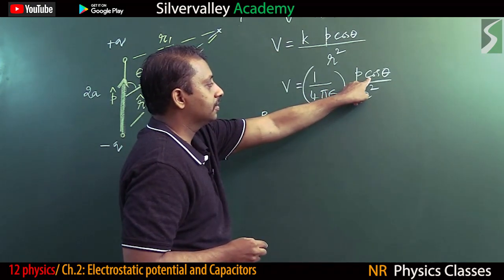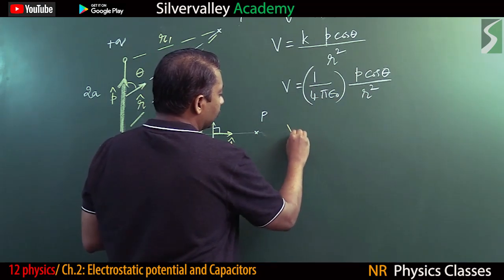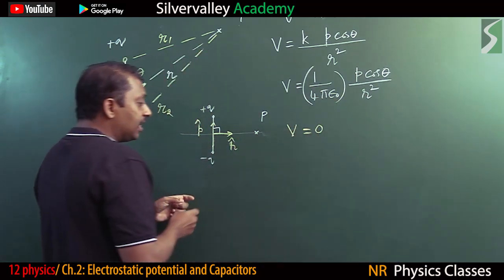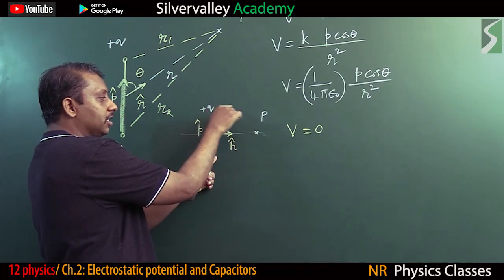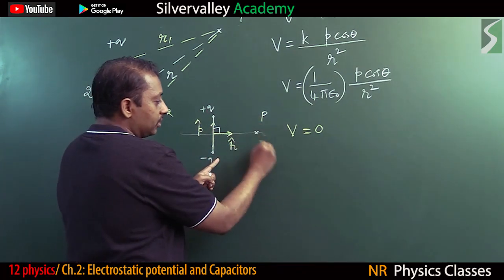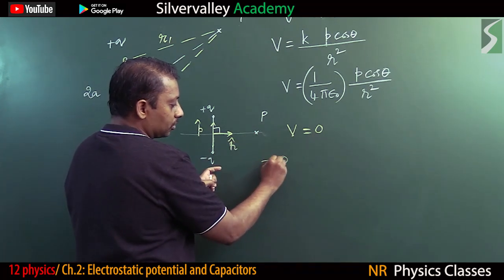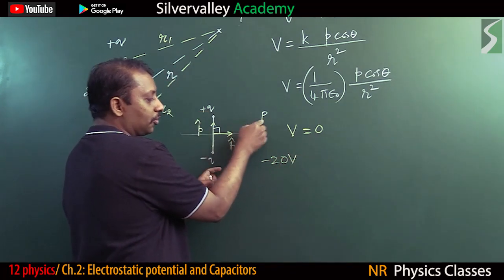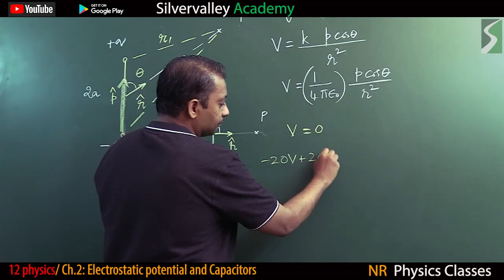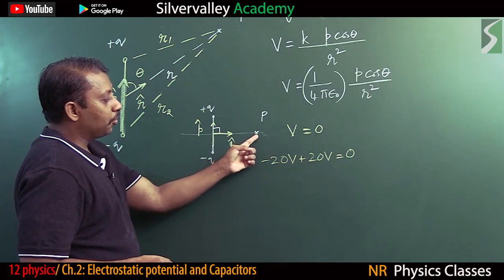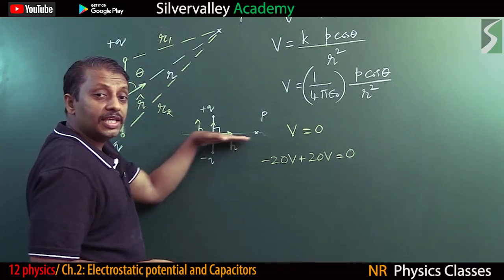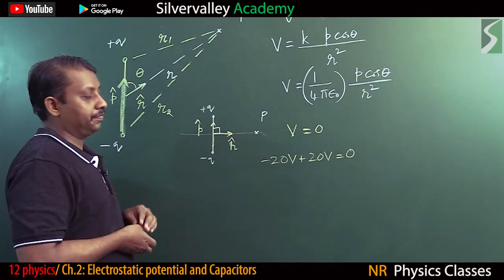Cos 90 is 0, so potential equals 0. Meaning potential due to negative charge is equal to potential due to positive charge. Potential due to negative charge, say, minus 20 volt, and due to positive charge plus 20. So the resultant equals 0. So potential at any point on the equatorial plane is 0.